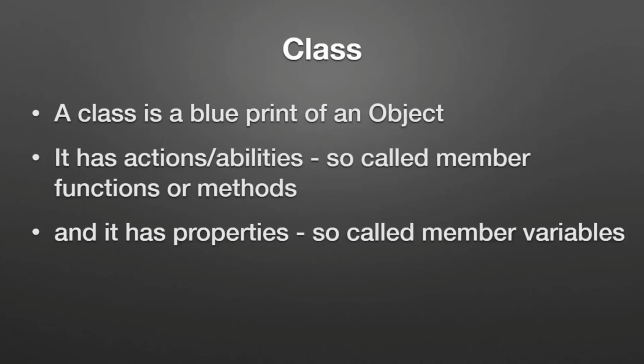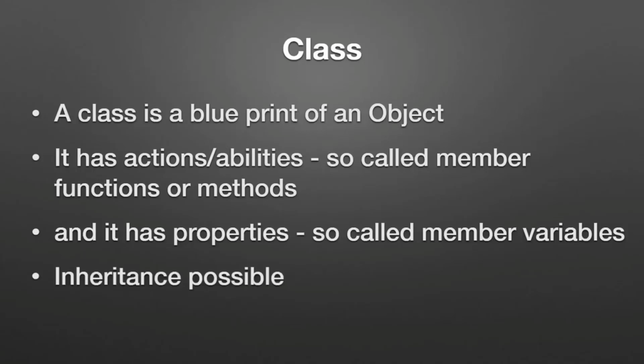Then it has properties, so-called member variables, such as length. We have seen the length property of one class, and that was our string class, where we checked how long is the string, and that was a property of that class. So you can create multiple different properties and you can call them later on.